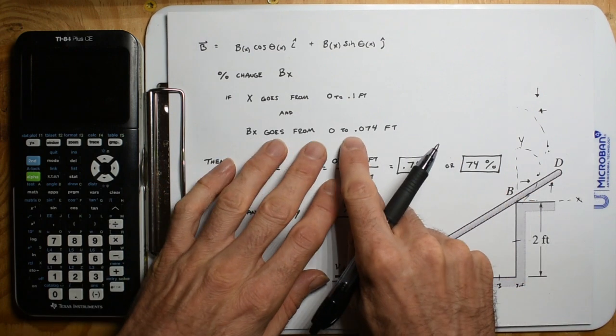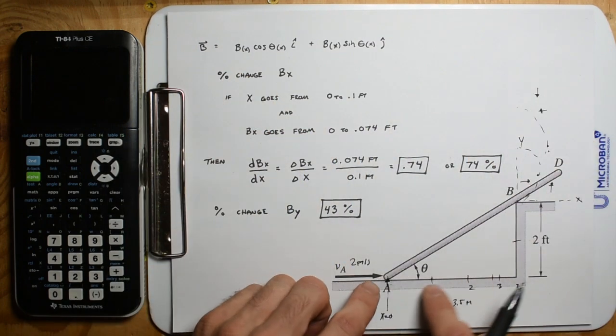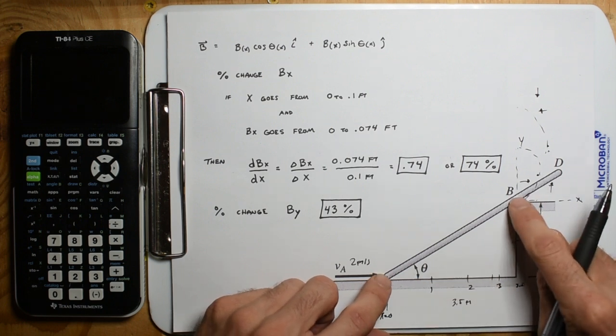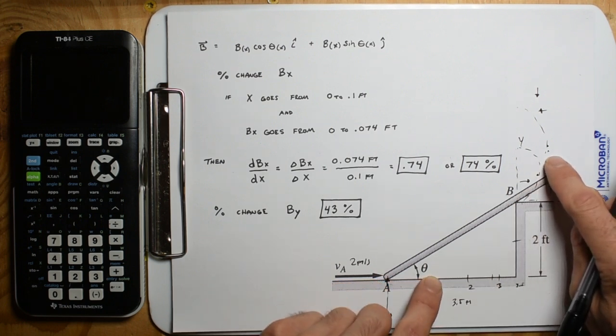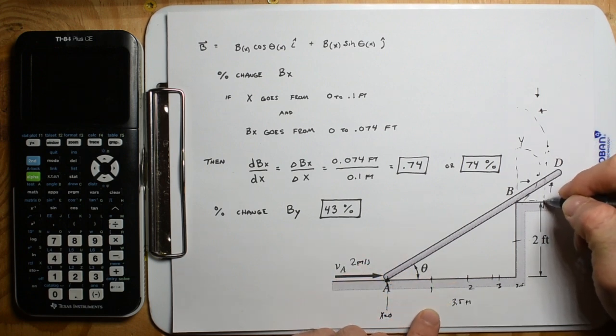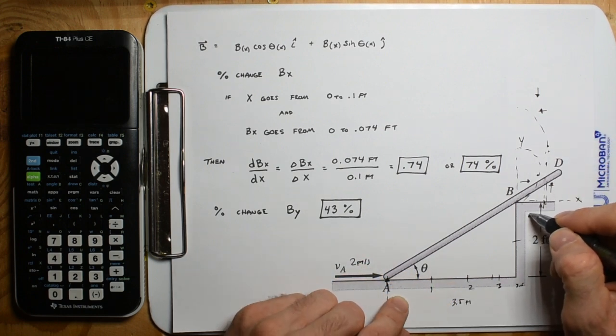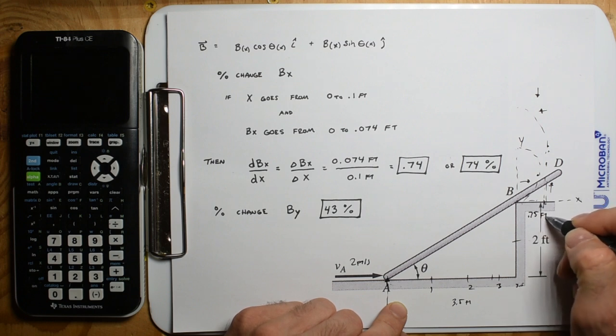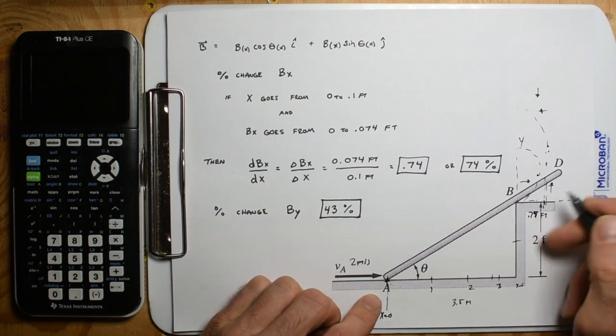Well, b only goes about 0.74 feet. If we take this thing up to here, this went a full 1 foot, but over here this only went about 0.75 feet, or 0.74.